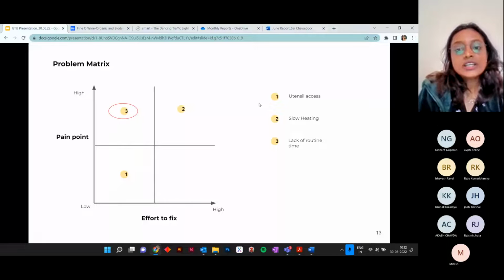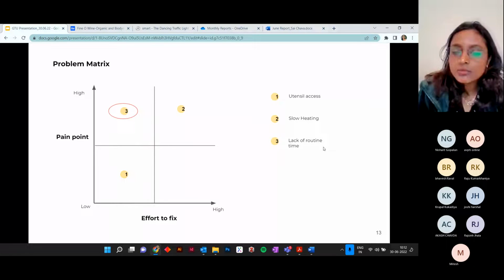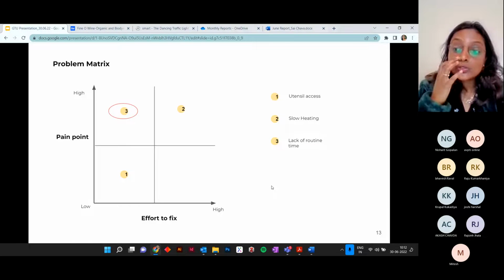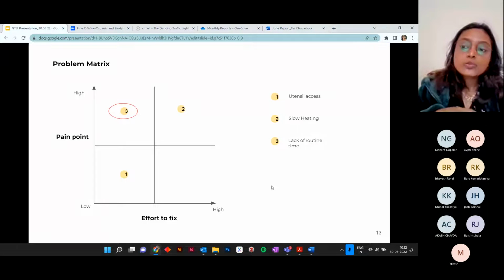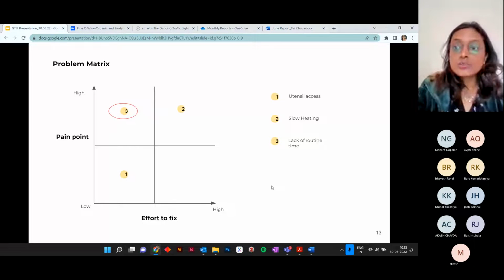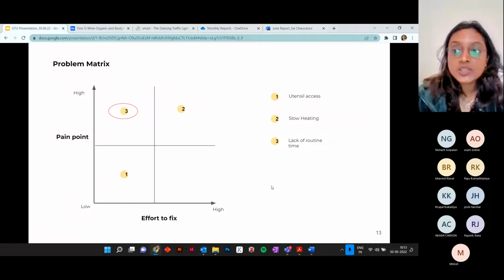And a similar thing we do is, if there's a lack of routine, let's say, these are the problems that we are thinking about, and a similar matrix can be applied to a solution matrix. It's called a solution matrix because now you can say one solution is a tea maker. Abandon all of this manual tea making and just get a tea maker.